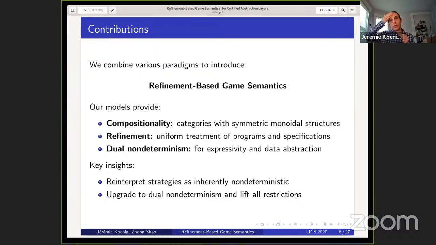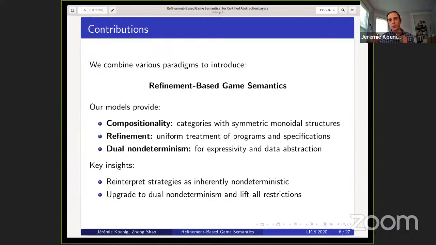So we re-examined game semantics from that point of view to build our model. The key insight is that the usual construction of strategies can be thought of as using angelic non-determinism.